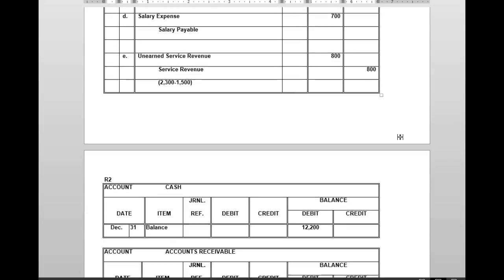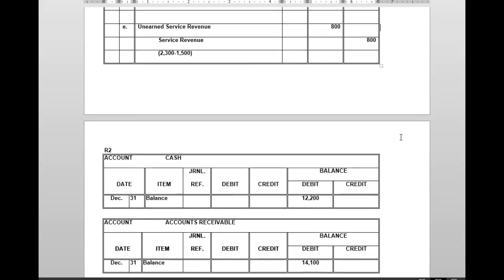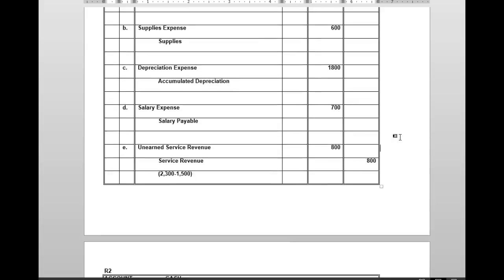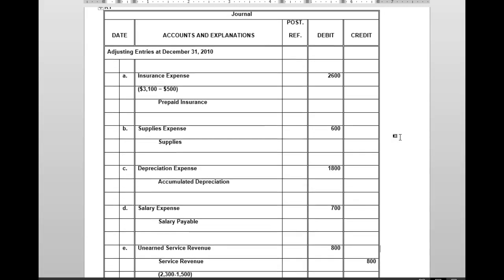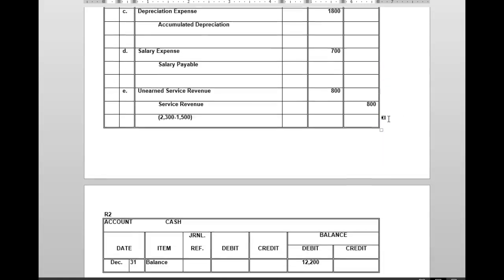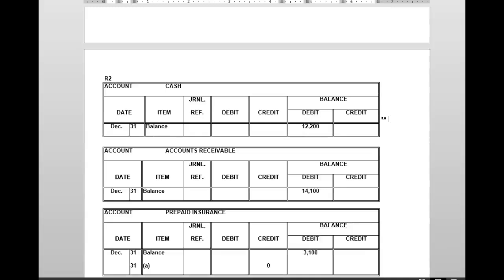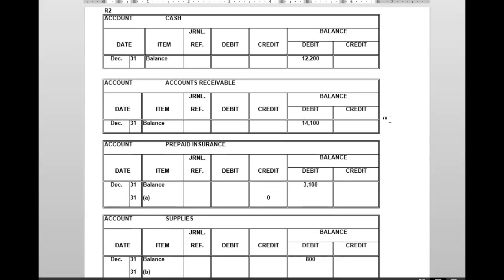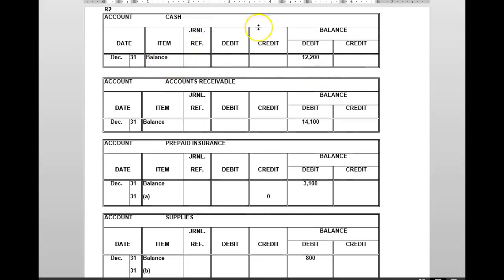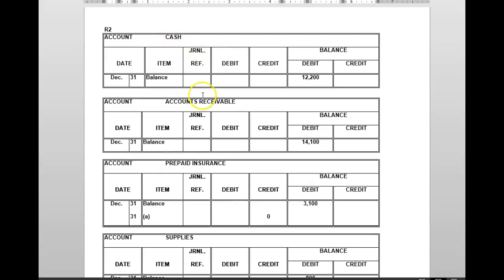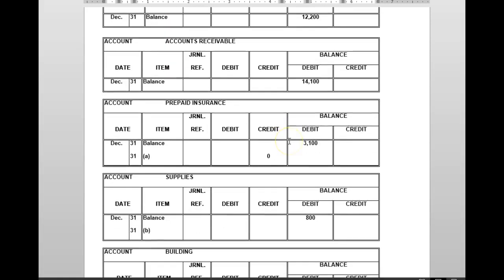Now you're going to take all of those and transfer them down to the general ledger. This is your general journal, just journal entries. This is the general ledger, and this is where your accounts live. So you're going to transfer those down. You'll see we've got cash, we've got accounts receivable.